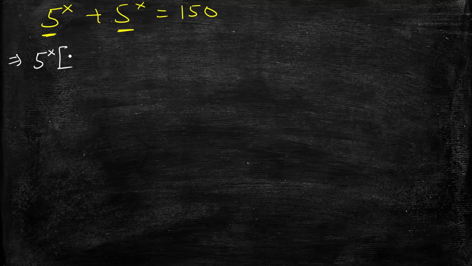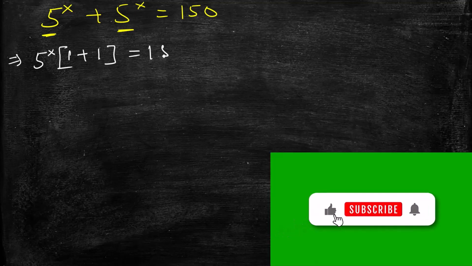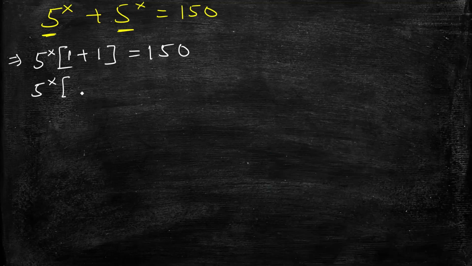So this side will leave us 1 plus 1 equals 150. So we have 5 raised to x times (1 plus 1), so 1 plus 1 is 2, equals 150.